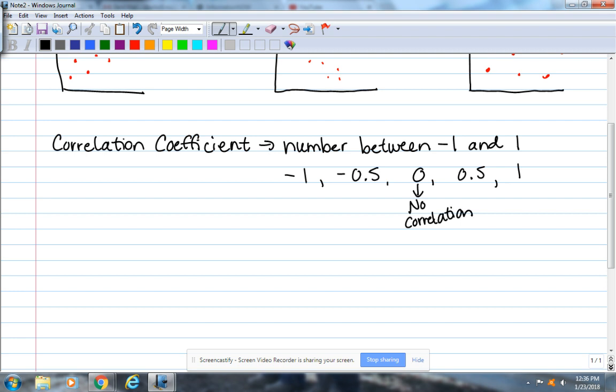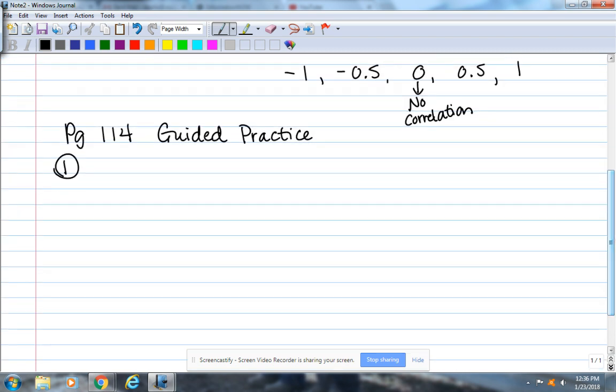So this would be where our book would come in handy. If you'd like to follow along and you have our book, go to page 114. Look at problem 1 in the guided practice at the bottom of the page. If you notice on problem 1, the data is going upward.